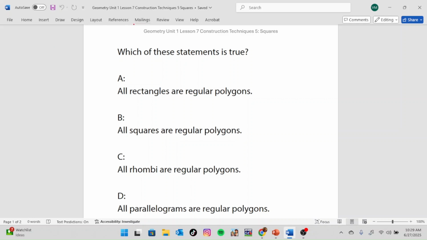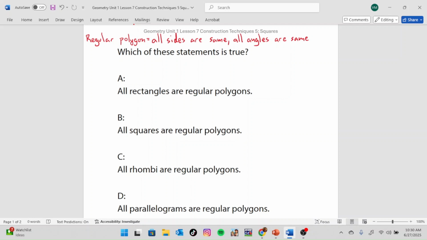So let's remember what it means to be a regular polygon. This means all sides are the same and all angles are the same. So with that definition in mind, let's look through the choices.